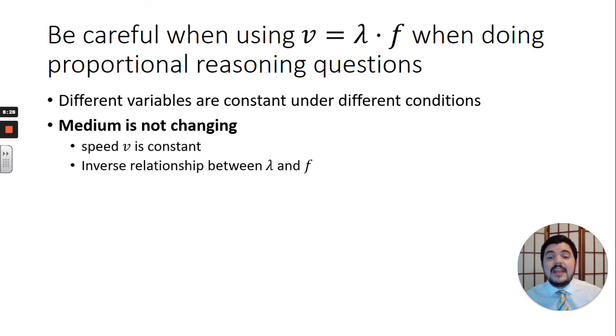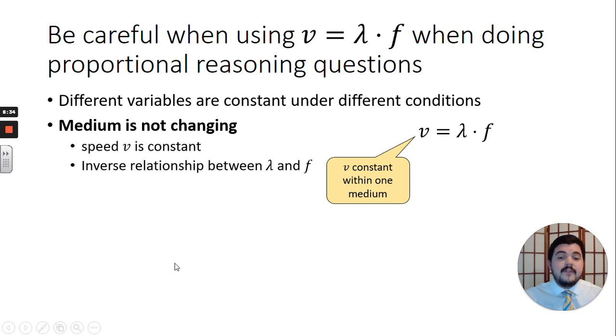When that happens, there's an inverse relationship between the wavelength lambda and the frequency f. So looking at our equation, v is constant within a medium. So as frequency goes up, wavelength must go down in order to keep v the same. Or if frequency goes down, wavelength must go up again to keep the speed overall the same. Making one bigger, the other gets smaller to keep the speed constant.